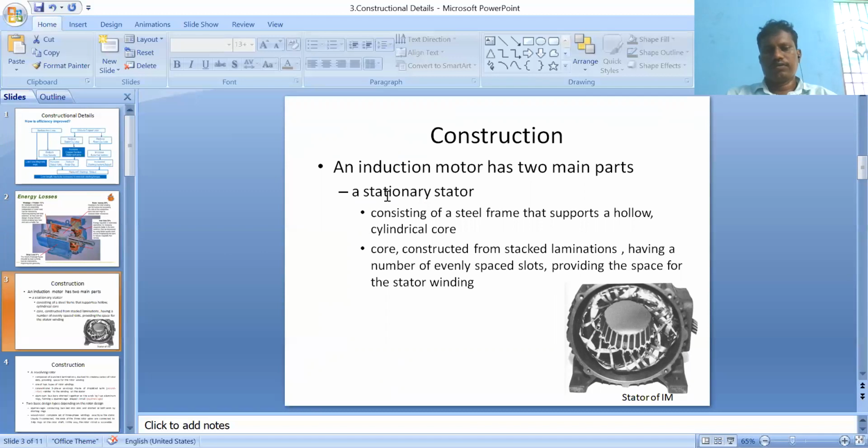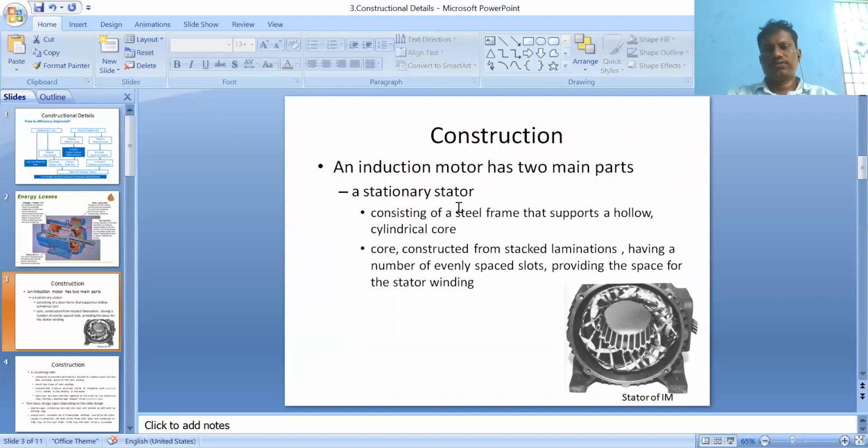The stator is a stationary part. It consists of a steel frame that supports a hollow, cylindrical core, represented here as the stator core. The stator has three parts: the stator frame, the outer layer of the stator core, and the stator windings.